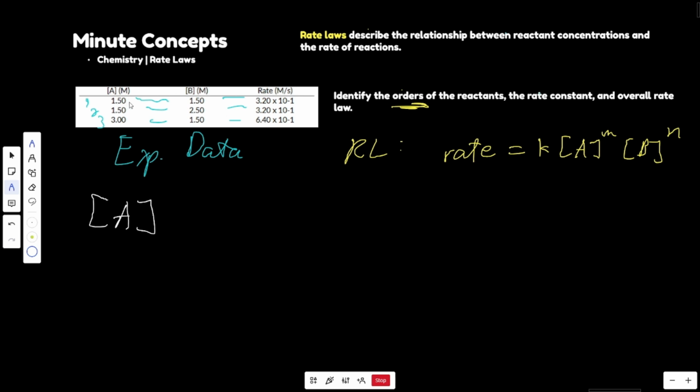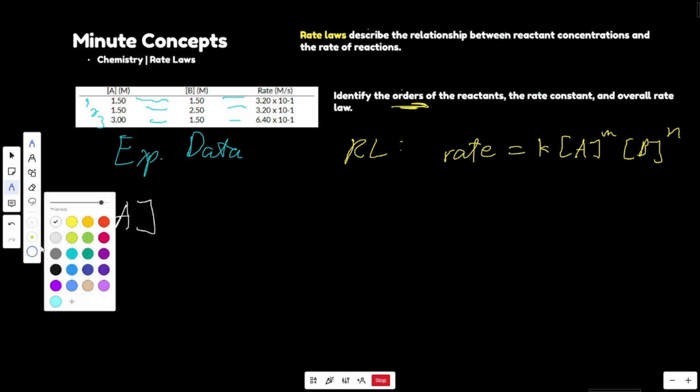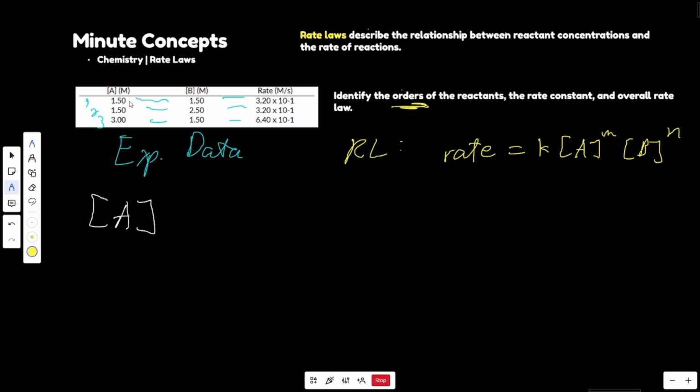So we need to look for a pair of trials where reactant A changes. So here we can see that in trial 1, reactant A's concentration is 1.5 molar, while in trial 3, its concentration is 3 molar, and in trial 2, it's also 1.5 molar.